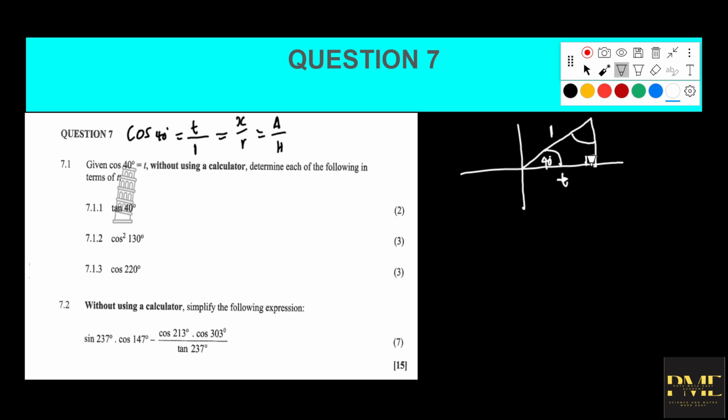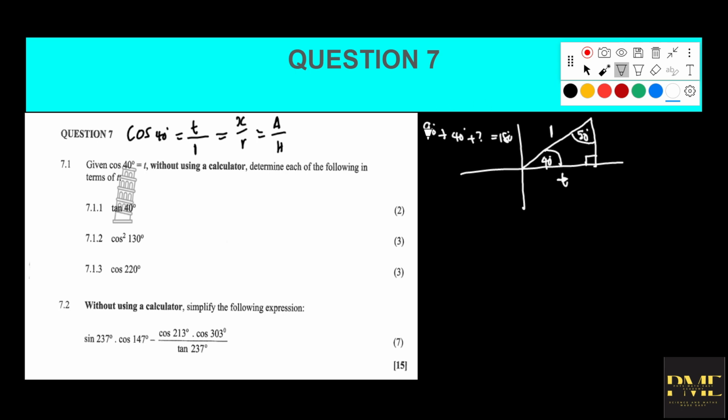Why? Because the sum of the angles in a triangle adds up to 180 degrees, right? So we have 90 here, and we add 40, that's basically 130. To reach 180 we are short by 50. So therefore this angle here is 50 degrees, okay. You could also calculate it by saying 90 plus this angle of 40 plus our unknown angle, add them all together and they equal 180.